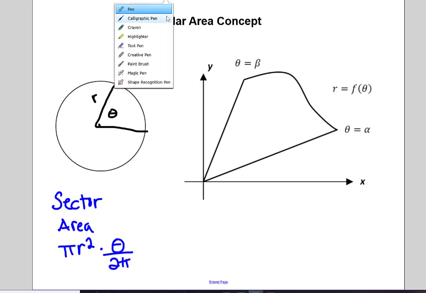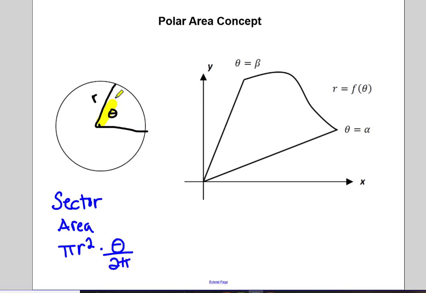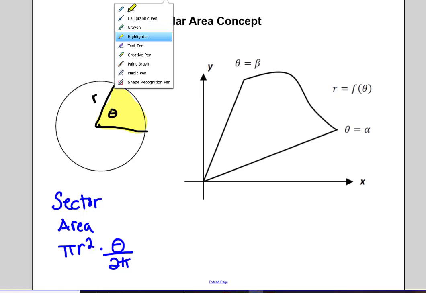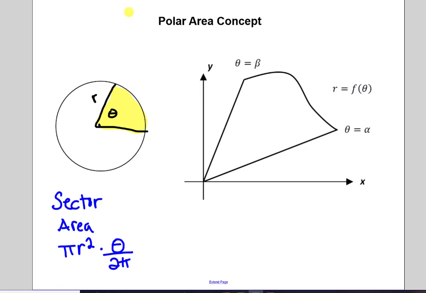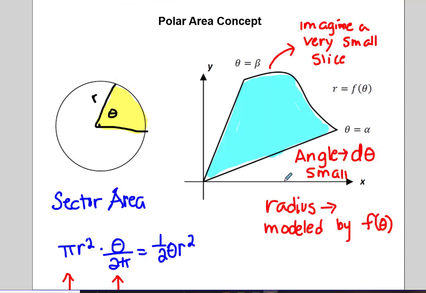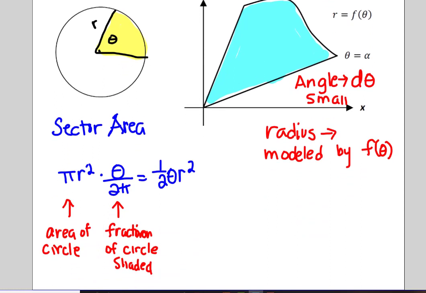We're thinking about this as the fraction of the area that's shaded. So if you think about the sector area as the area of the circle times the fraction of the circle shaded, we get 1/2 theta r squared.